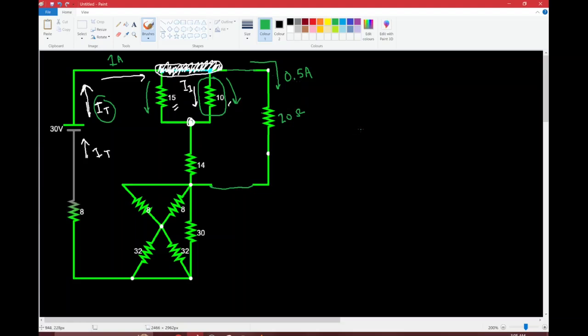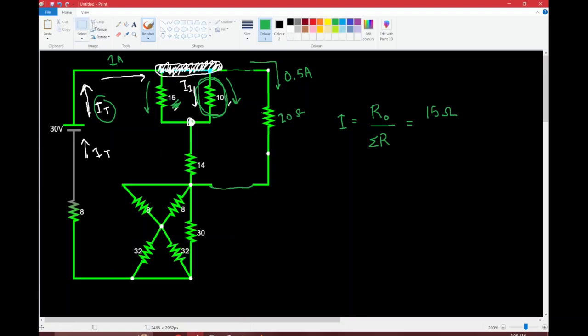So 0.5 amps has to be shared between the 15 ohm resistor and the 10 ohm resistor. That's pretty straightforward. To figure out how much current goes down this 10 ohm resistor, we just use our formula again. So current is equal to the resistance of the other path over the sum of resistances. In this case, the resistance of the other path is 15 ohms.